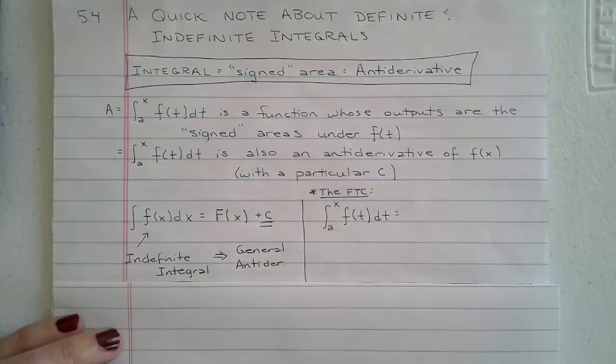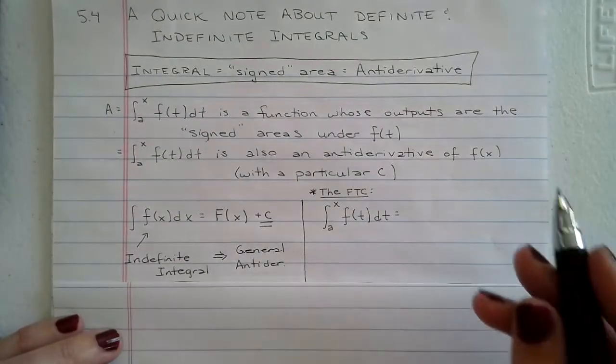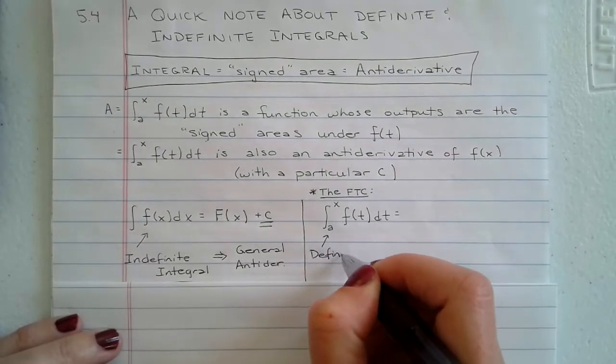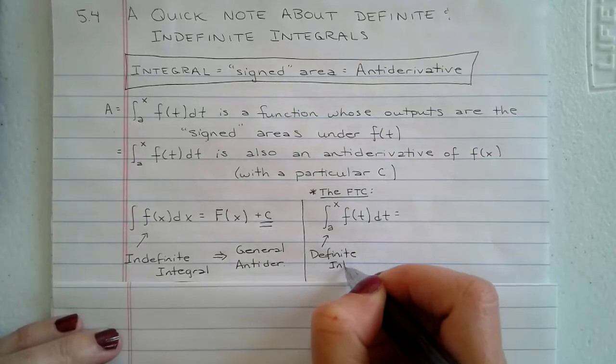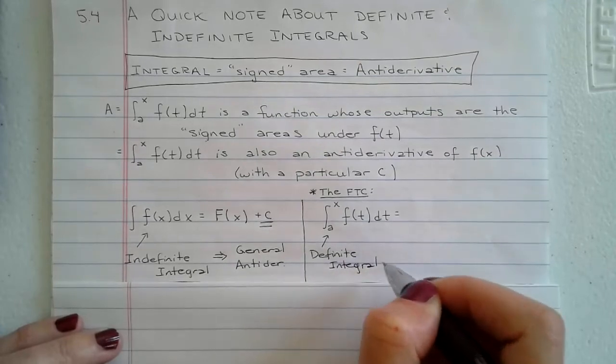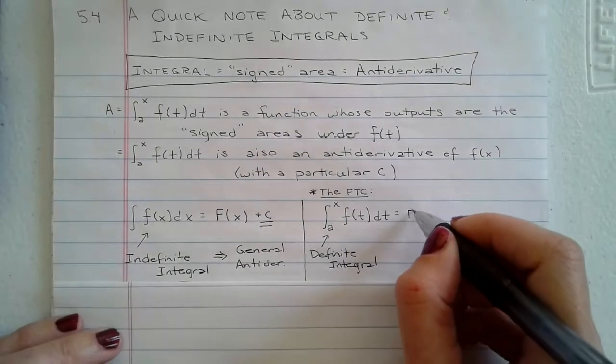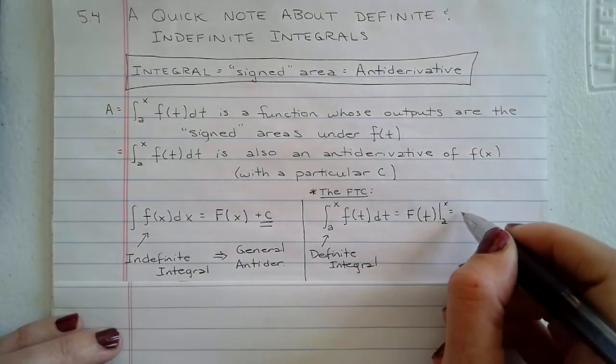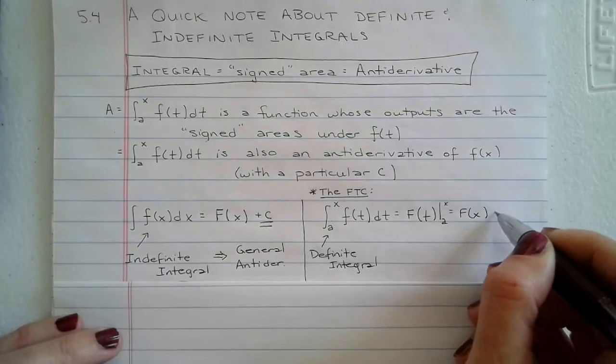And then if we integrate this that actually has bounds, this is a definite integral. Integrate little f, we get big F, right? But we can plug in the upper bound and the lower bound.